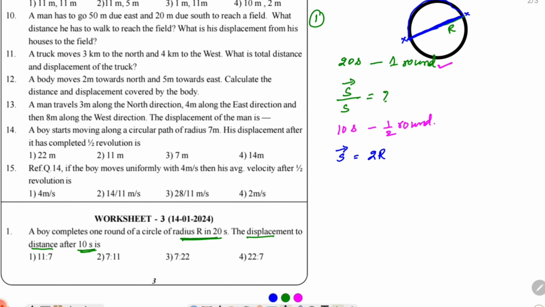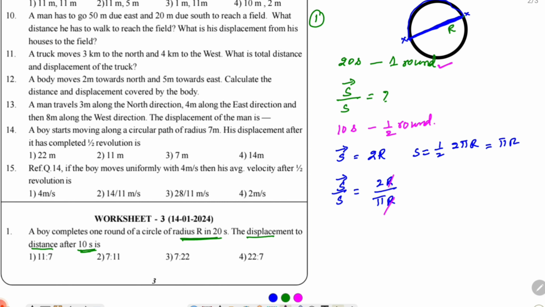So this is your initial point and this is your final point. The length of this straight line is the diameter, which is 2r, and the distance is the circumference of the circle. As it completes half, half of the circumference, 2 pi r, is equal to pi r, as 2 gets cancelled. Now find the ratio of displacement to distance, which is 2r over pi r.